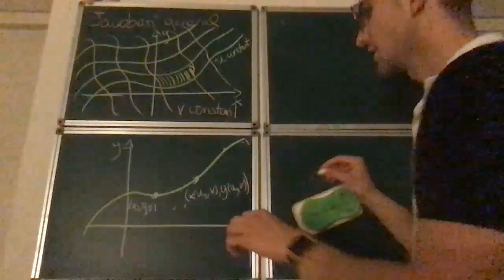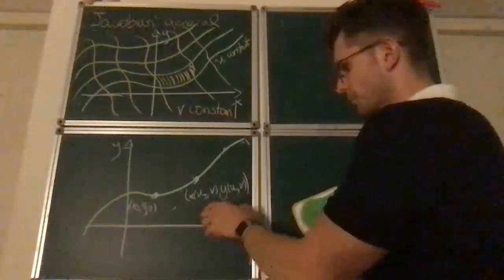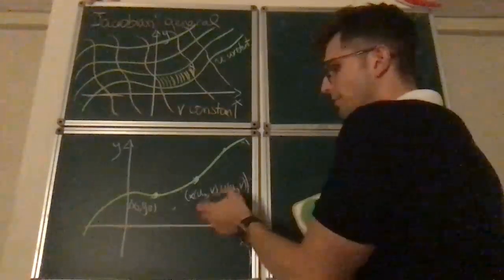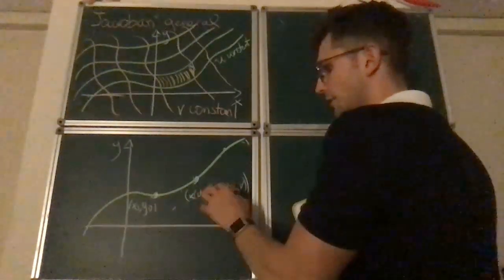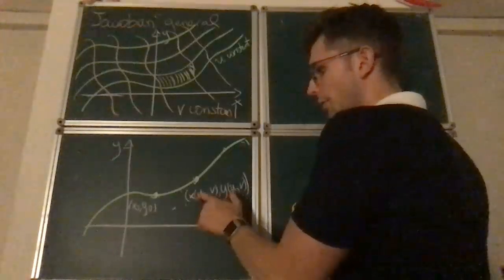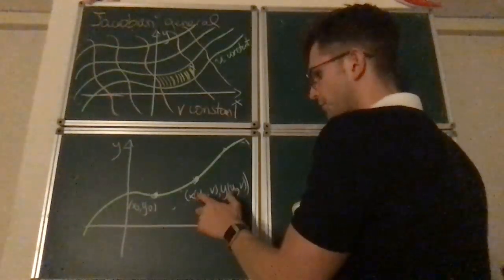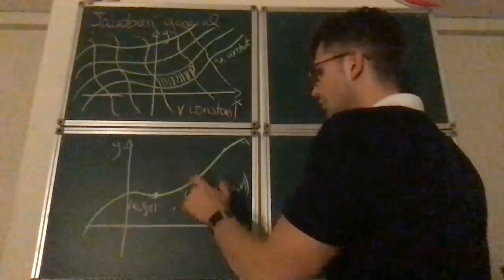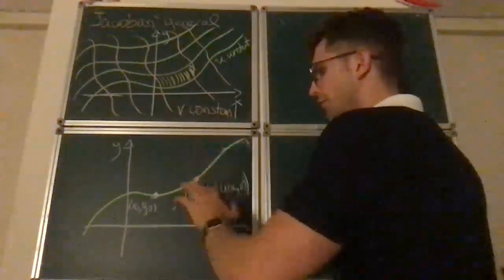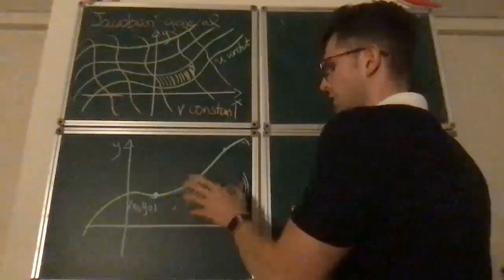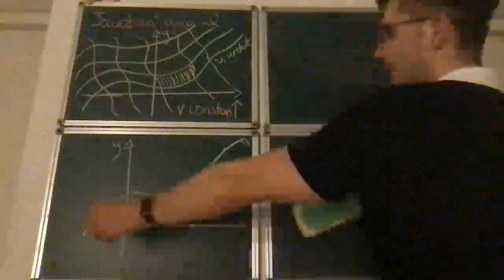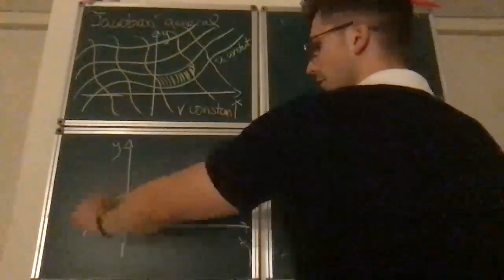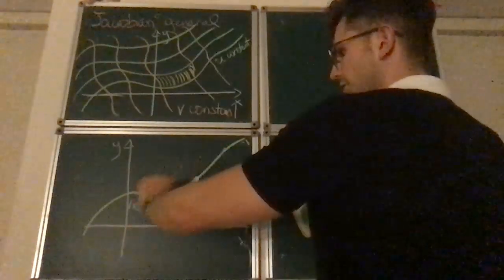What I mean by this notation is that x and y are being written out explicitly as functions of u and v, but we know that the value of u has been fixed to be equal to some value u naught. So you get a curve which only depends on v, because if u is constant, the only way to get this curve is by varying the values of v.